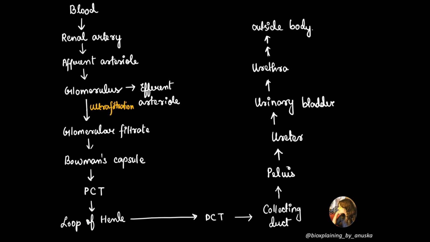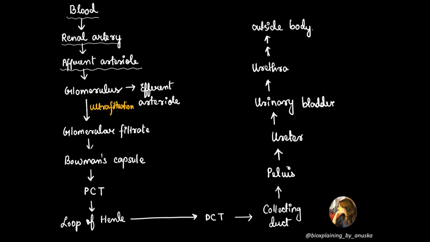So this basically shows the entire picture at once. That is, the blood comes into the renal artery. Then the renal artery has its branches, out of which one is the afferent arteriole. The afferent arteriole will enter into the glomerulus, wherein ultrafiltration occurs.